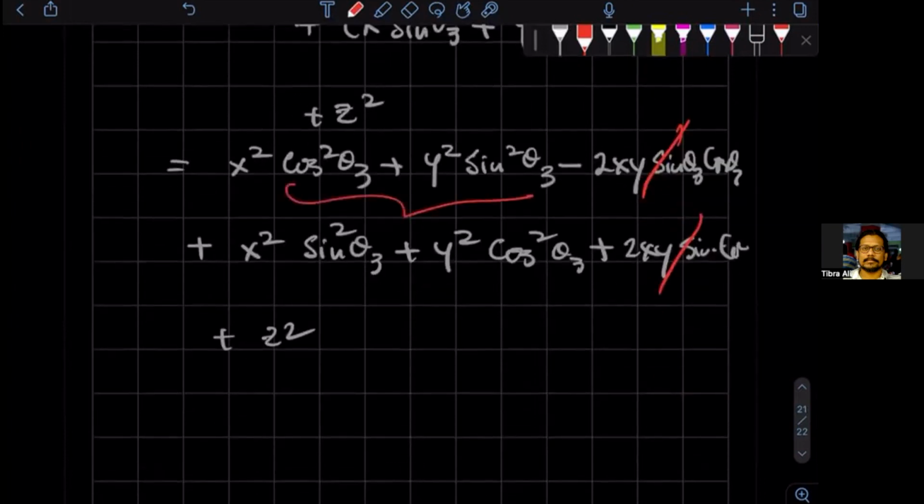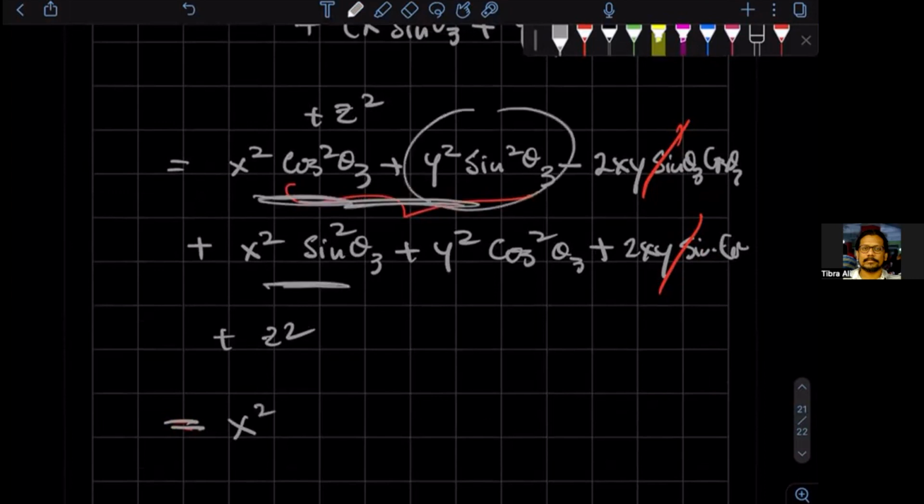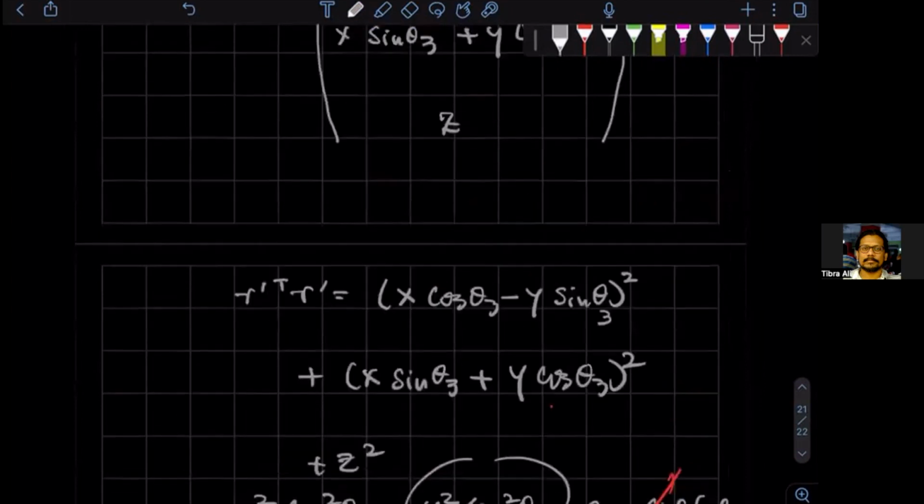And by our favorite Pythagoras theorem, sine squared plus cosine squared is 1, we get x squared, y squared and z squared, which is r squared.